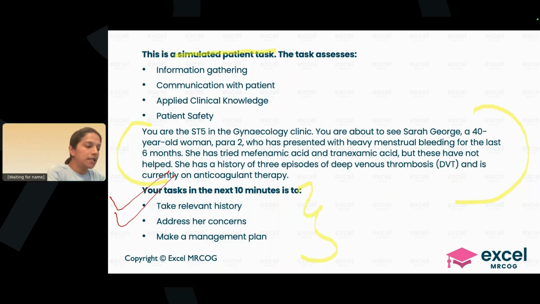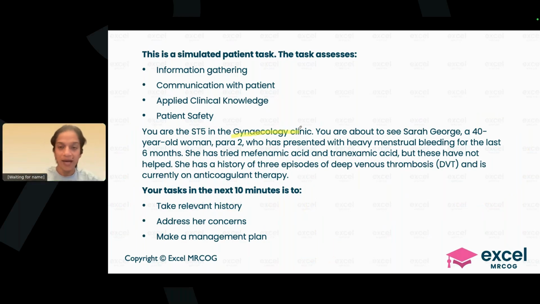Then the next thing that is important is that you are the ST5 in the gynecology clinic. It's important where you are. Why? Because sometimes there would be a patient that you're seeing admitted in the ward. It may not be right then to tell her, you are having this particular problem, I am admitting you now.